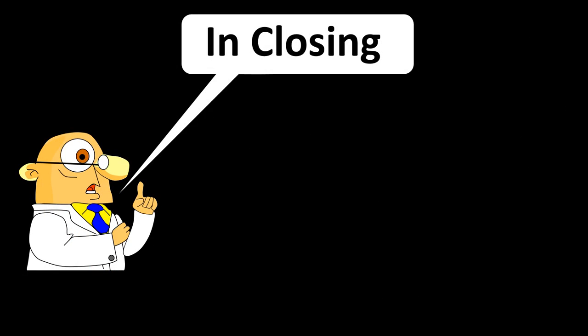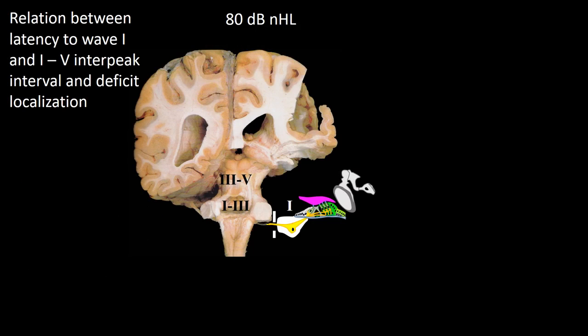In closing, I will use this figure to give you a rundown on the typical findings in brain auditory evoked responses according to the location of the pathology. Normally, latency to wave 1 is 2.3 milliseconds or less, and the 1 to 5 interpeak interval or latency is less than 4.6 milliseconds.